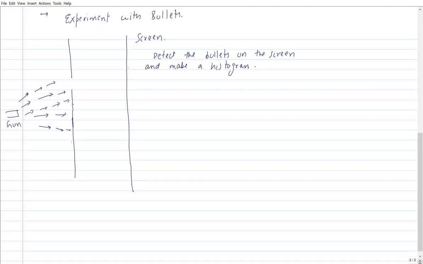Each time the bullet hits, I click, click, click, and I make a histogram. And from that histogram, I make a probability distribution, P1. Any ideas how the probability distribution is going to look like? Yeah, so I'm just going to specify here, bottom slit closed. This is my experiment 1.